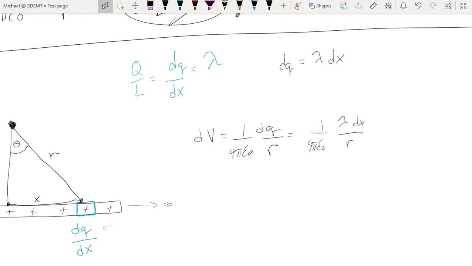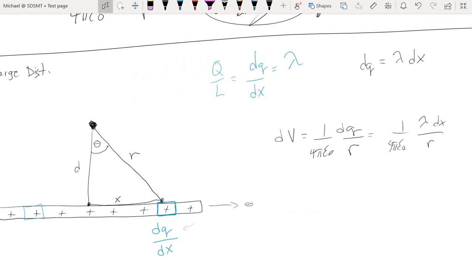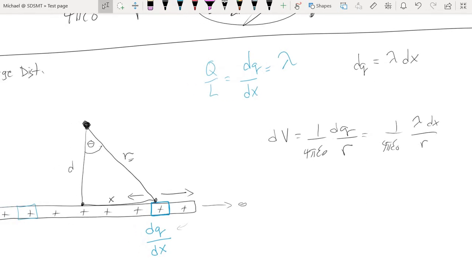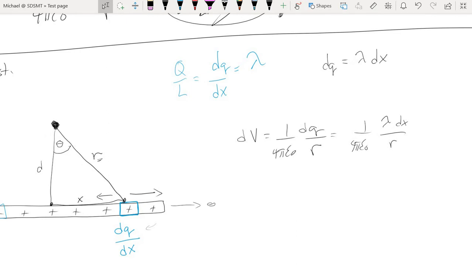And now it looks like we're going to be integrating with respect to x. But as I move in and out along that line, not only is x a variable, but so is r. As x becomes larger, r becomes larger, and vice versa. So I need to decide which of the two I want to use for my variable of integration. And right now it looks like we're going to be using x.